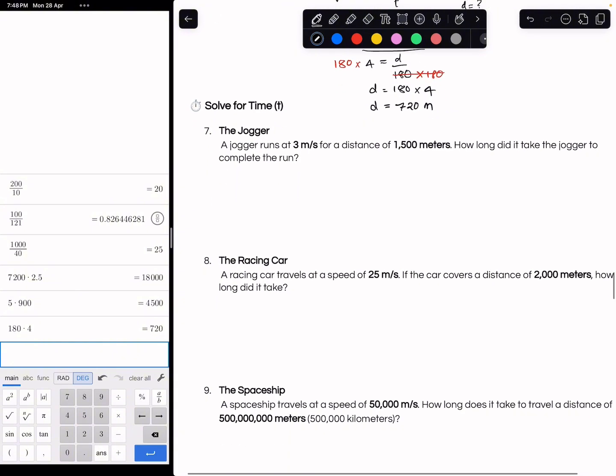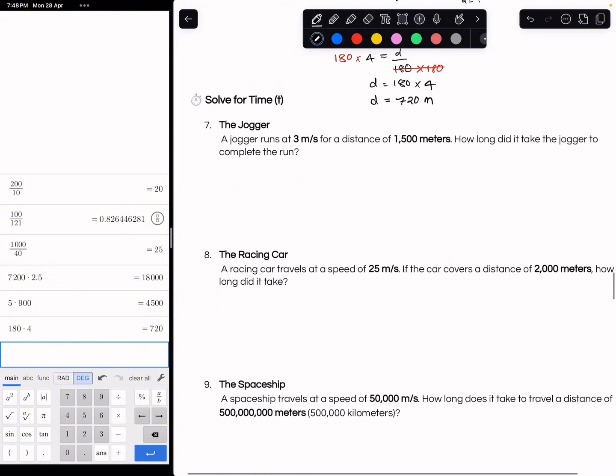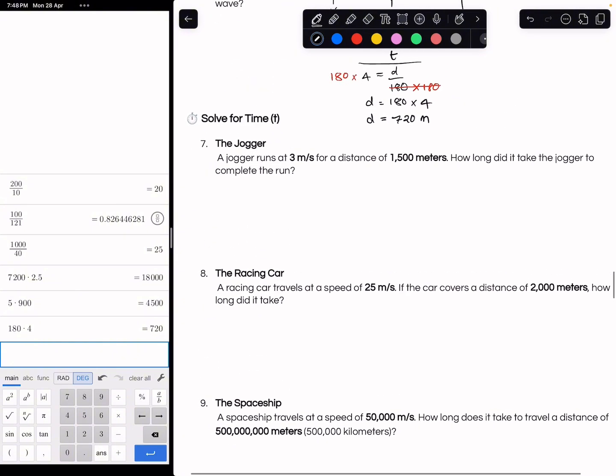Next question. So this is the third section of the worksheet, okay? And so here's what we've got. The jogger runs at 3 meters per second for a distance of 1,500 meters. How long did it take for the jogger to complete the run?